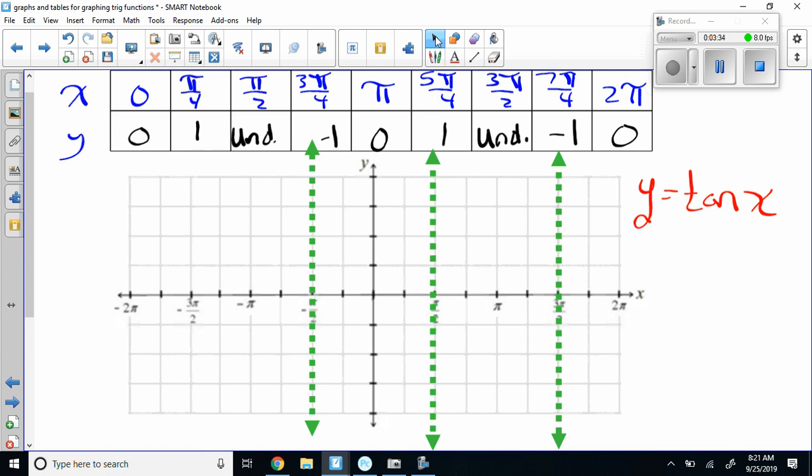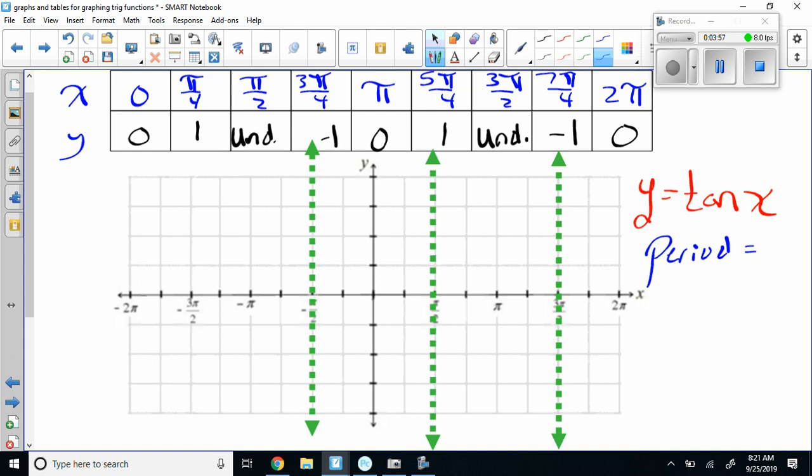What were the two things that we called out yesterday on sine and cosine? Period and amplitude, right? So we're going to look at the period, then we'll talk about amplitude. What is the period for this tangent?